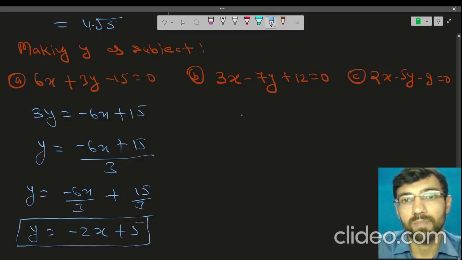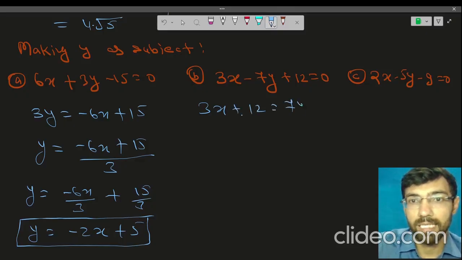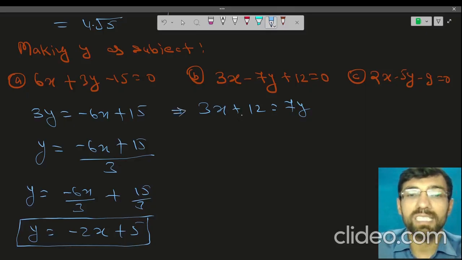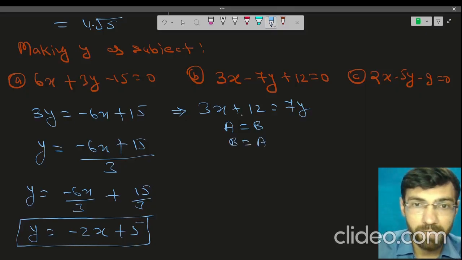Let us do part B. Part B, so what I am doing now, I am shifting 7y to the right side. This will be 3x plus 12 equals 7y, correct? So 3x plus 12 equals 7y. And now here also we have to understand a fact. If I have a equals b, can I write b equals a in the next step? Yes, we can do that.